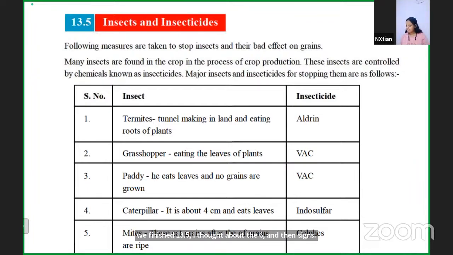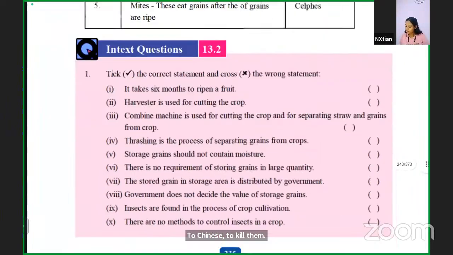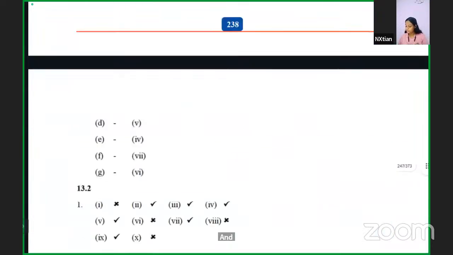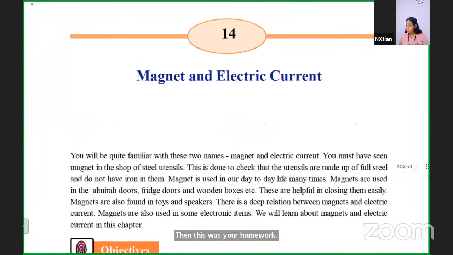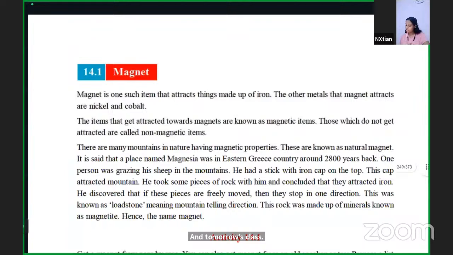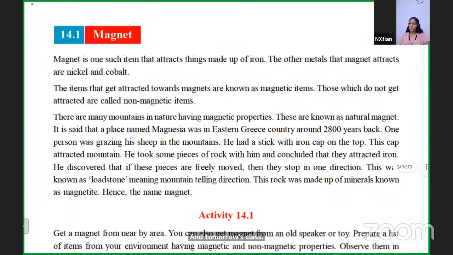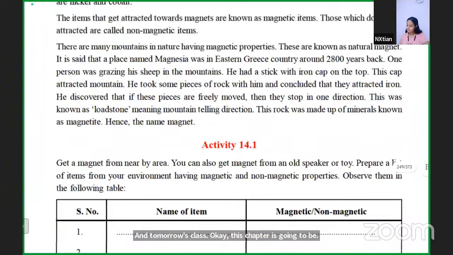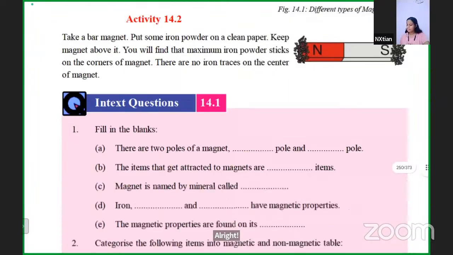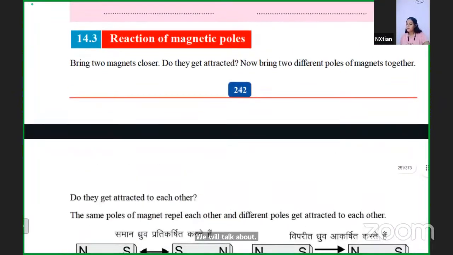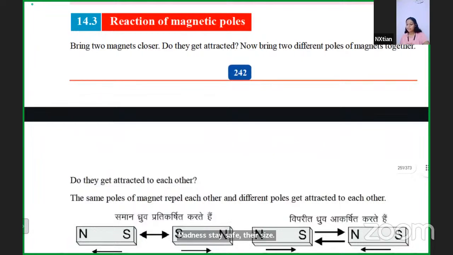Okay, and then this was your homework. We finished with this chapter and we were supposed to start magnets and electric current, which we will be starting in tomorrow's class. This chapter is going to be about magnets. We will talk about magnets, their shape, their size, how magnets react.